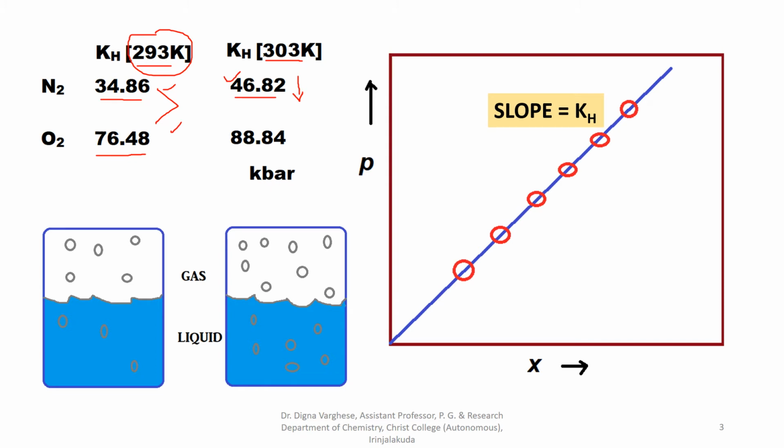As the temperature increases, the Kh value also increases, but the solubility of the gas in the liquid decreases. So we can say that Kh increases with increase of temperature, indicating that the solubility of gases decreases with increase of temperature.